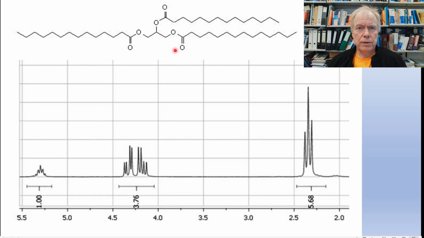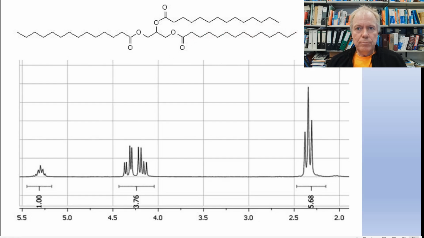And what we see here, we have three ester functionalities, all of the same fatty acid, the C14 fatty acid, tetradecanoic acid. And what is the alcohol? It's a triol, it's glycerol here in the center.